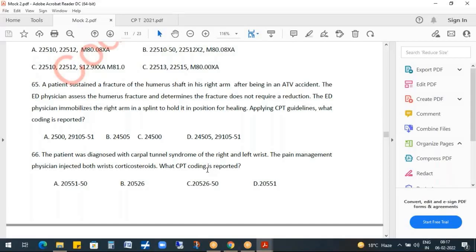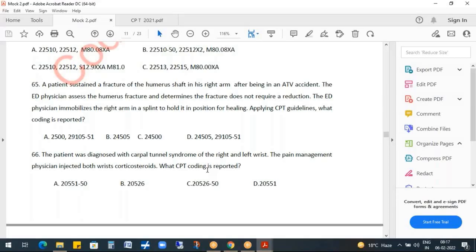With manipulation or without skeletal traction, sir. 24500? Closed treatment of humeral shaft fracture without manipulation, sir. Now here they're performing without manipulation only. Yes, sir. But they're not doing reduction. The key term is only C.